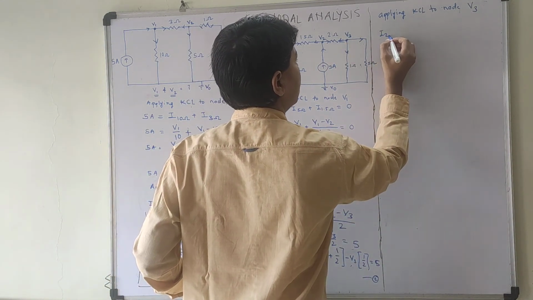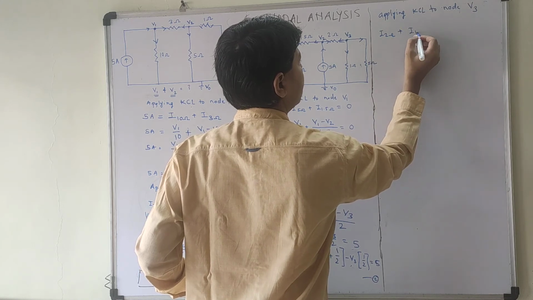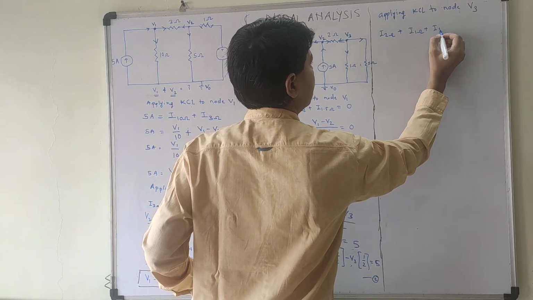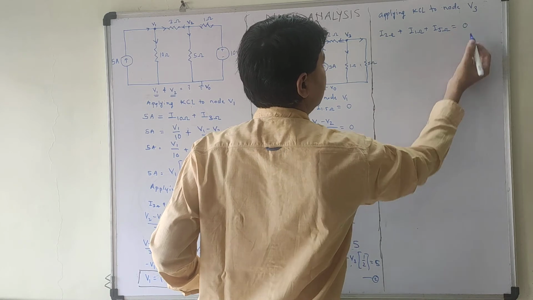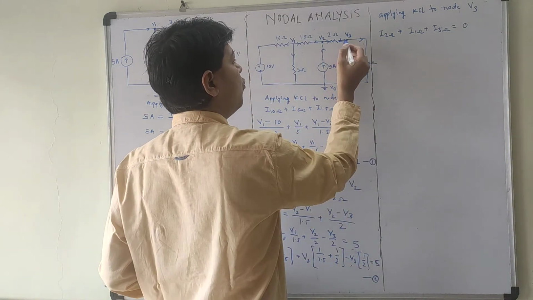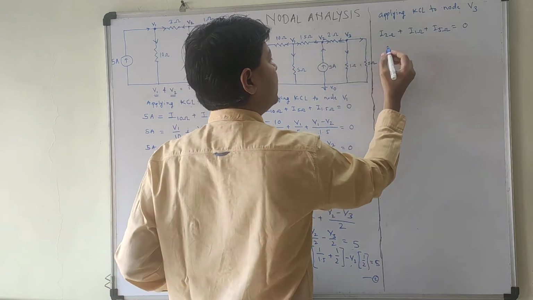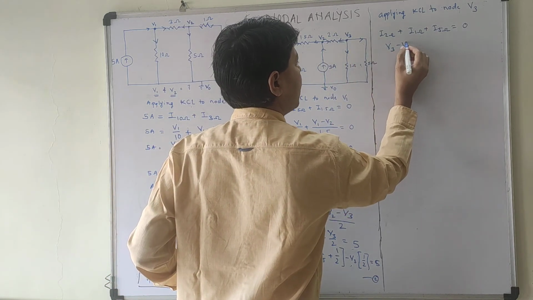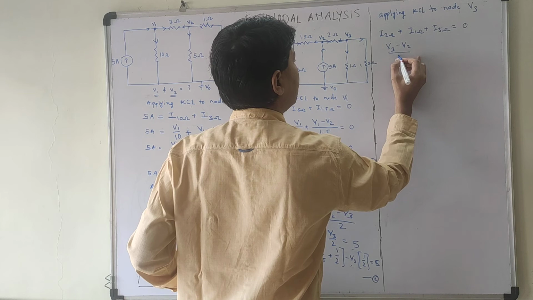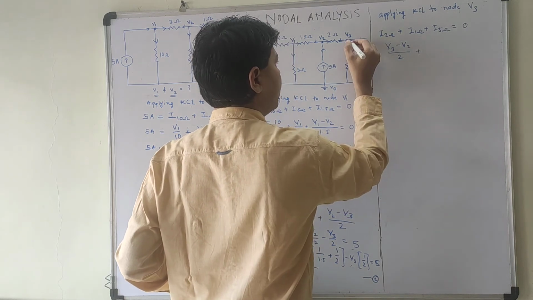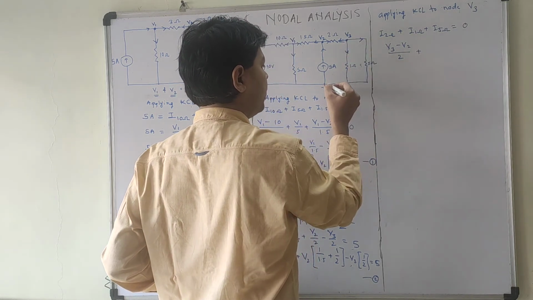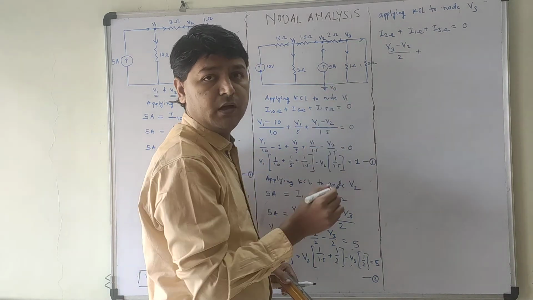I 2 ohm plus I 1 ohm plus I 5 ohm is equal to 0. What is I 2 ohm now? Current is flowing from V3 to V2. So this is (V3 minus V2) divided by 2, plus current is flowing from V3 to V0. Value of V0 is 0.